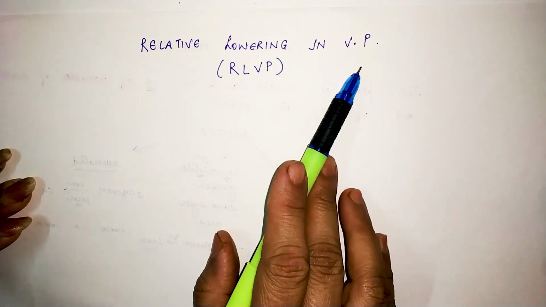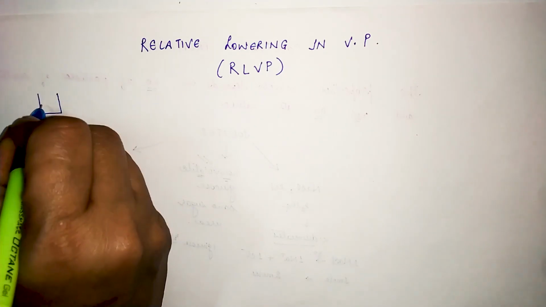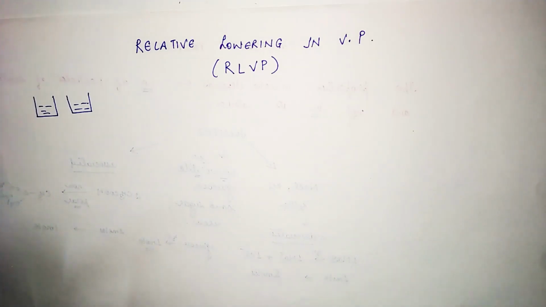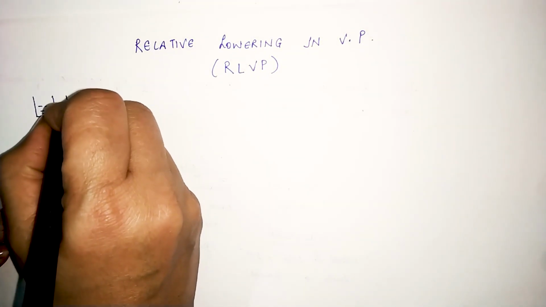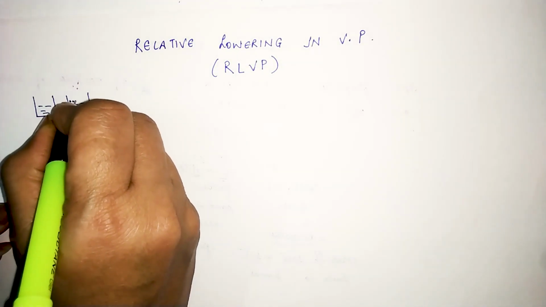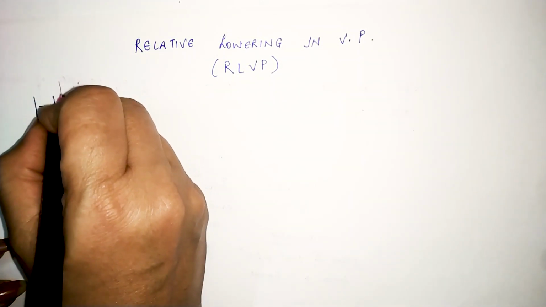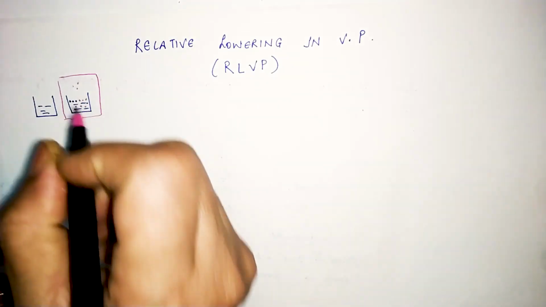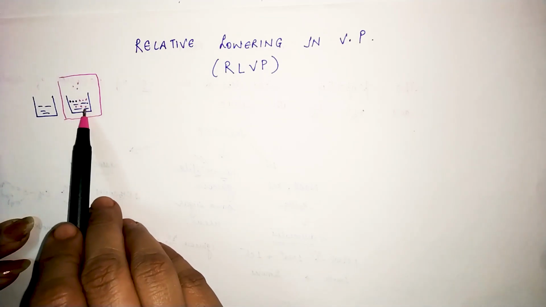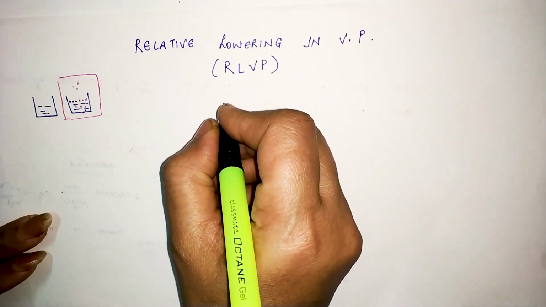In Raoult's law, we have already read that when a non-volatile solute is added to a pure solvent, there is a lowering in the vapor pressure because the solute molecules also come on the top surface. So there is a relative lowering in the vapor pressure.